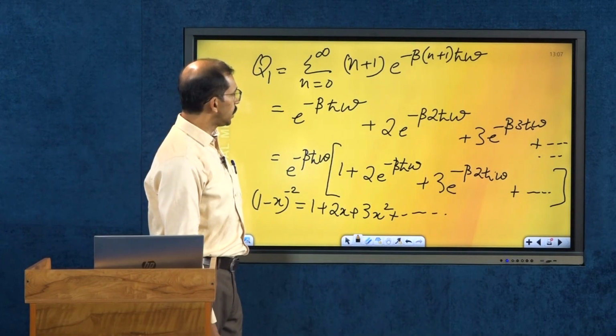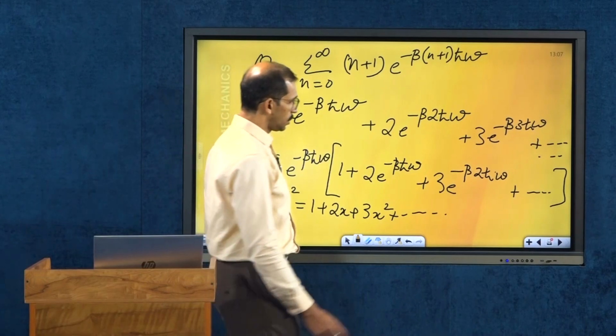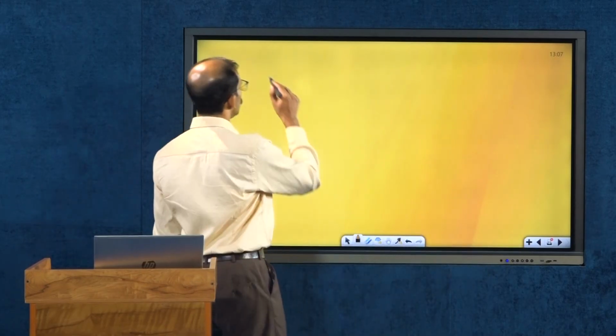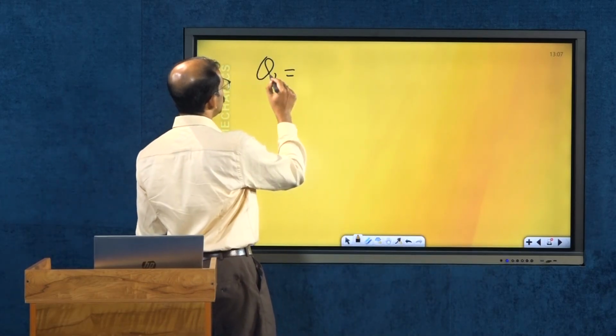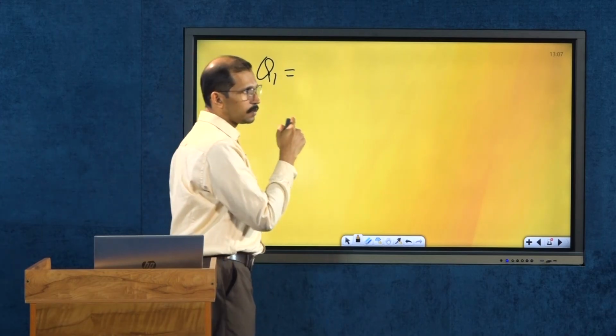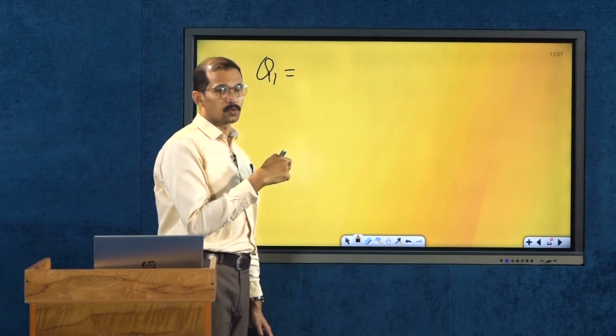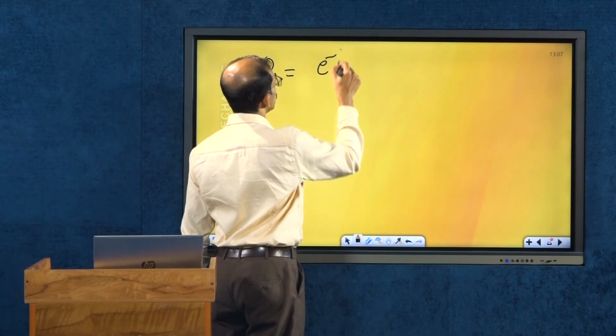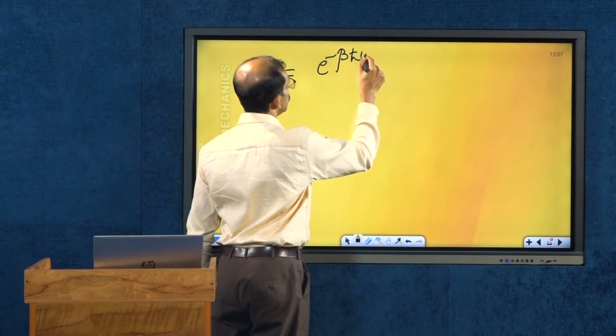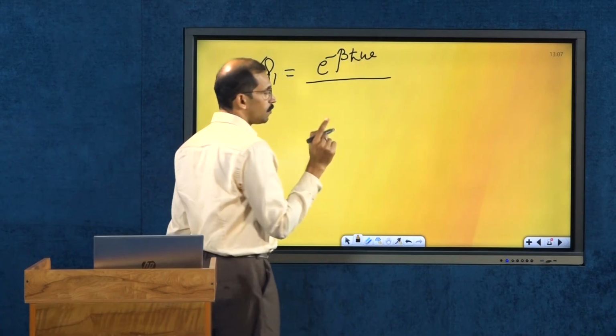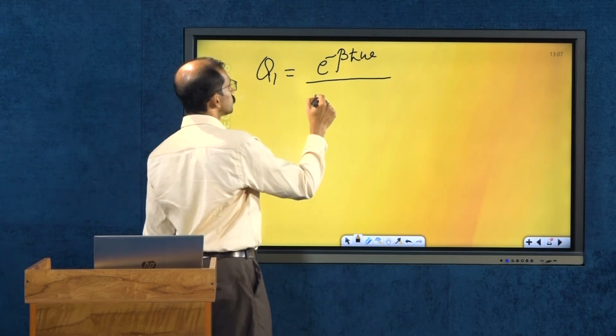And then I can simply write the expression of q1 as e raised to minus beta h cut omega, which is outside the square bracket, times 1 minus x raised to minus 2.